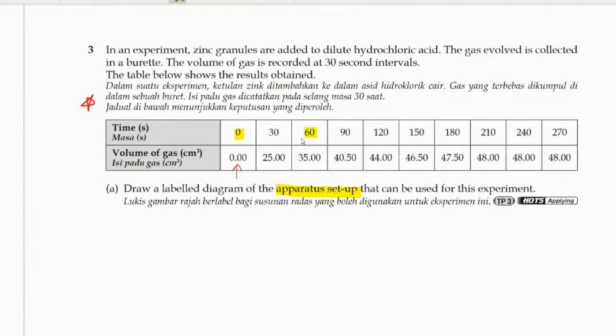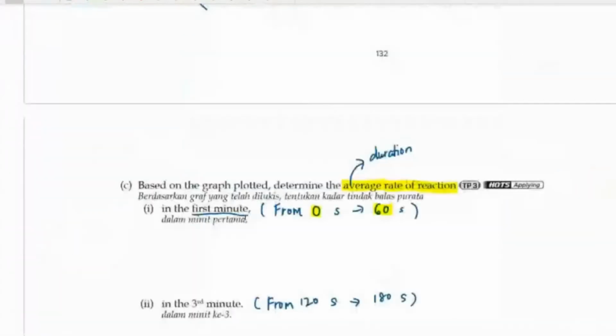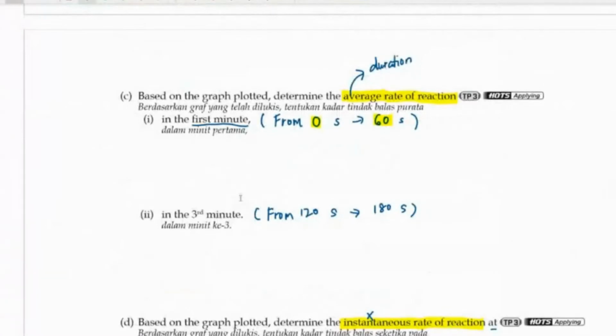So what is the volume? At 0 it is 0. Volume at 60 seconds is 35.5. Sorry, 35. Just now we said rate of reaction is volume divided by time. Always remember, volume divided by the time. Some students make the mistake of time divided by the volume, and it's wrong.